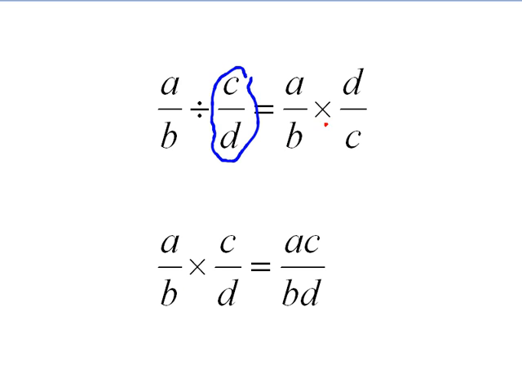We want the inverse. So it becomes A over B times the inverse, D over C. And then you work it just as a multiplication problem. All right? Alright, so let's get started.